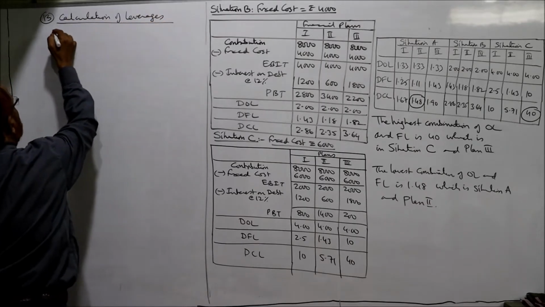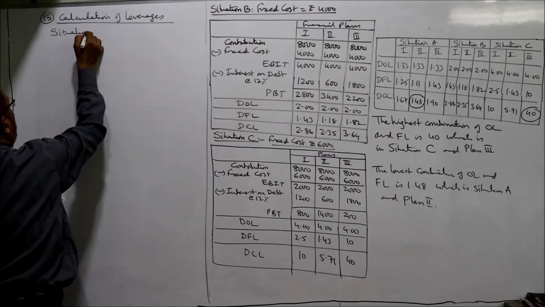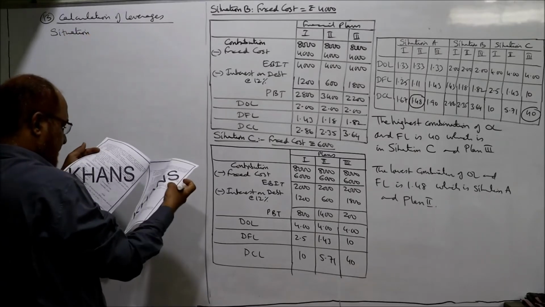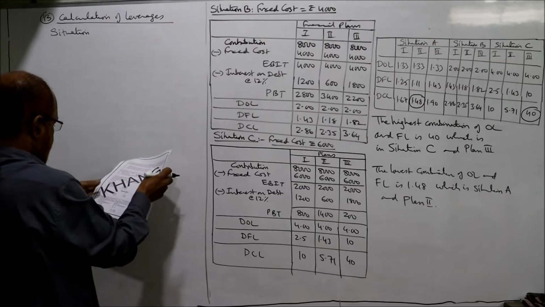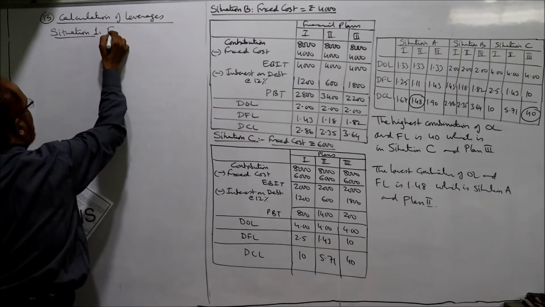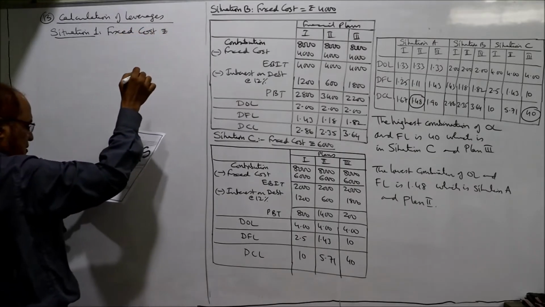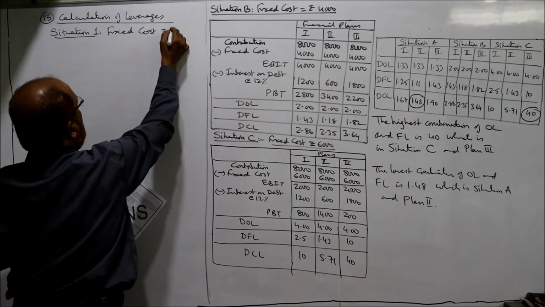Calculation of leverages. Situation 1. Fixed cost rupees 4000.